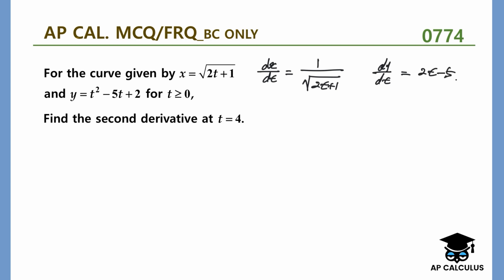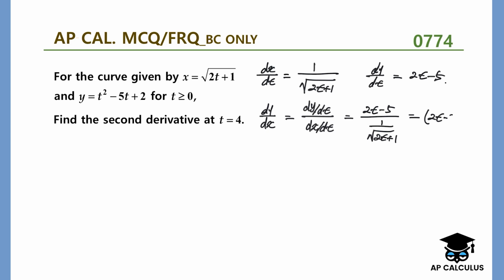So our first derivative, dy/dx, is equal to dy/dt over dx/dt, right? That is (2t minus 5) over (1 over square root of 2t plus 1). And if we simplify this, that's going to be (2t minus 5) times the square root of 2t plus 1. That was our first derivative.